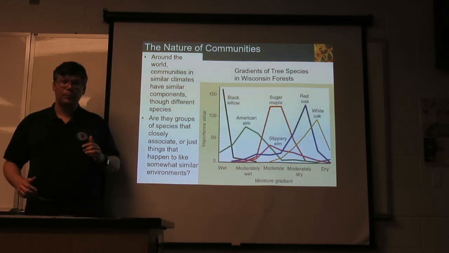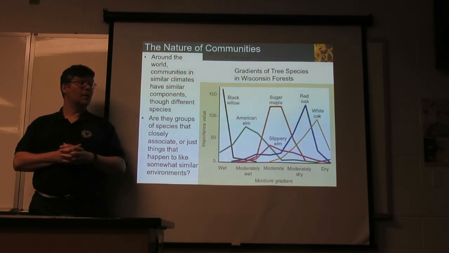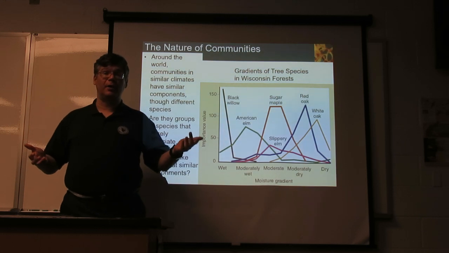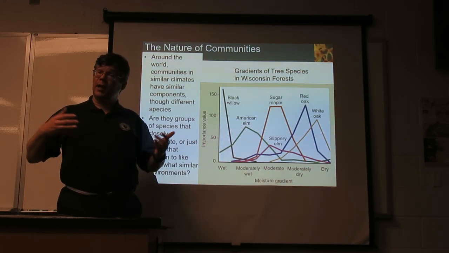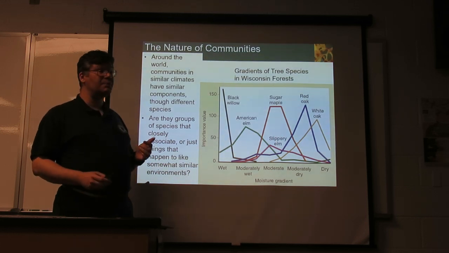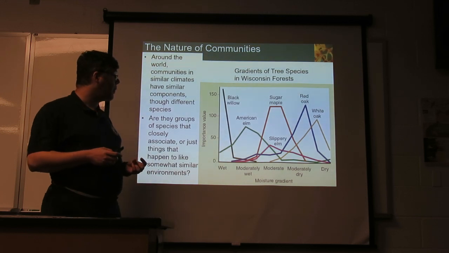But to what extent do these communities kind of hold together? Or is it just that here's a bunch of species that all happen to like more or less similar things, and they all overlap in this place, but they're not particularly attached to each other if there's change?